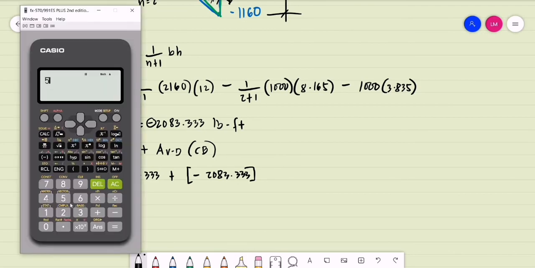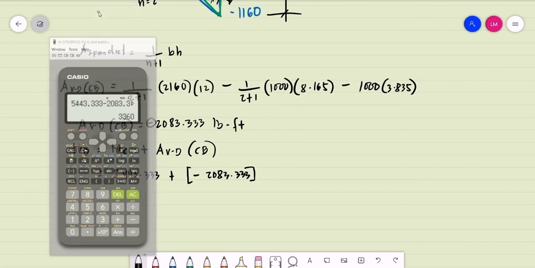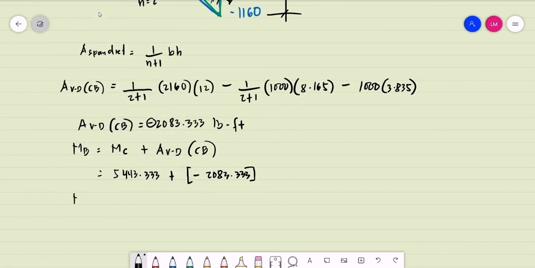That is equal to 5,443.333 minus 2,083.333. So we have that moment as positive 3,360. The moment at B will be equal to positive 3,360 pounds-foot.